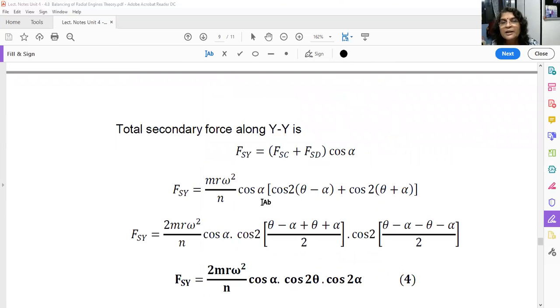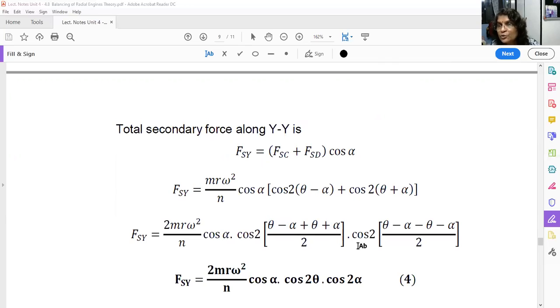So FSY is equal to mr omega square upon n as it is. The 2 from 2 cos A plus B by 2 we have written here as 2, and this cos alpha is common here. Now what is the formula? Cos of A plus B by 2, because this 2 will remain as it is. So this will be A and this will be B. So A plus B by 2, that is 2 theta minus alpha plus 2 theta plus alpha, divided by 2.